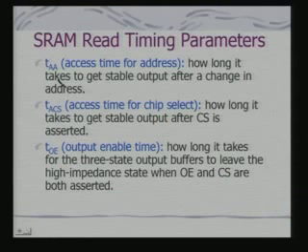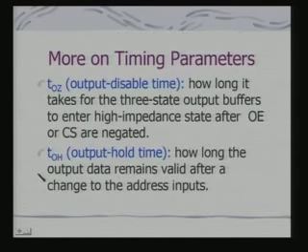So, you have found that I have now refined the definition of access time. The access time definition we are now providing with respect to address as well as with respect to chip select, and a parameter is being defined with respect to the output enable signal as well. This is the TOZ, which is output disable time.